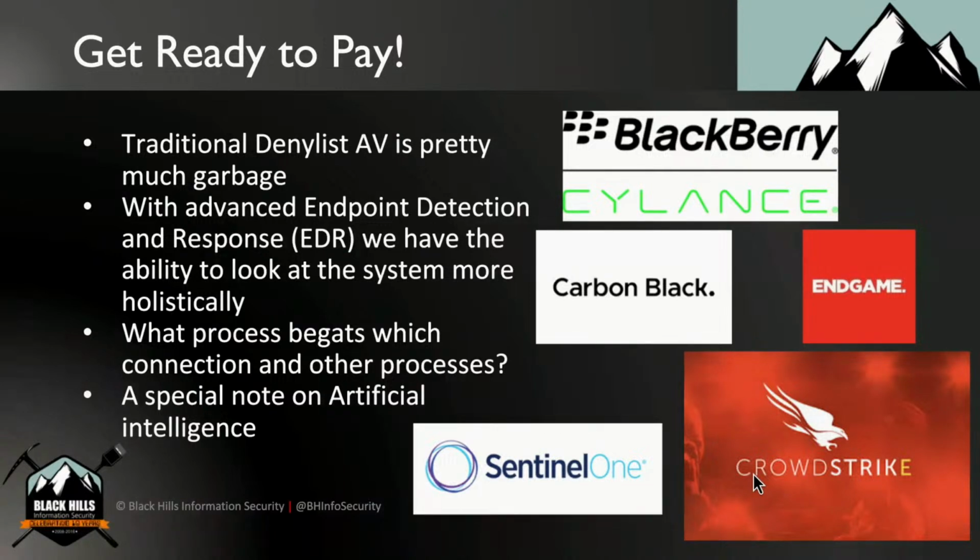Now, with artificial intelligence in the game, this gets into something, I don't know, it depends on how you want to look at it. You could totally look at it as depressing. But artificial intelligence is only as good as the data that's being fed to it. And which vendor out there has the most telemetry and data being fed through their security products?